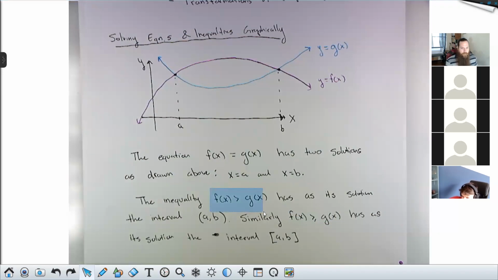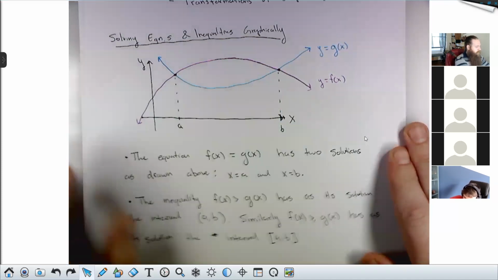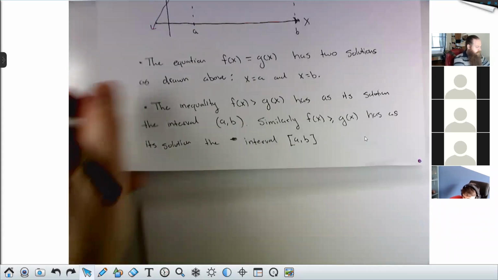If you flip the inequality around, you would take the complement of each of these sets. So if you're asking where is f of x less than g of x, that would be anywhere the purple is beneath the blue. So that would be from negative infinity to a and from b to positive infinity. Suppose we can add that. It's nice to have these things to refer back to.